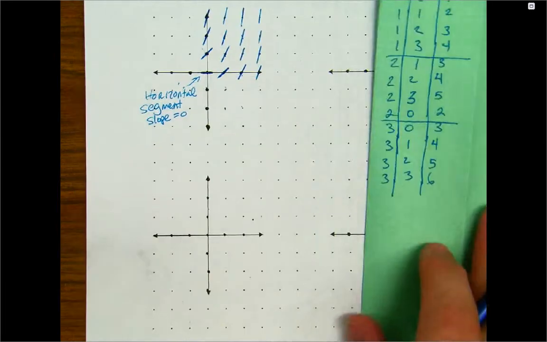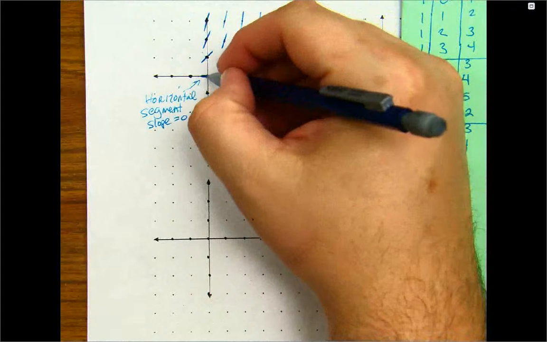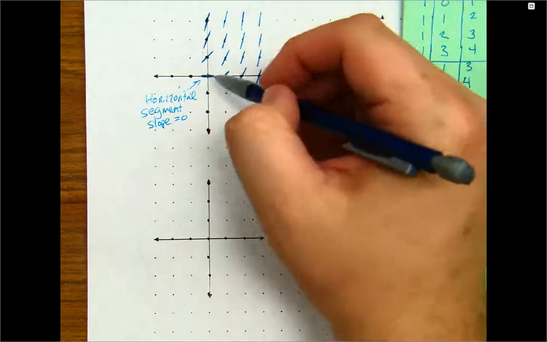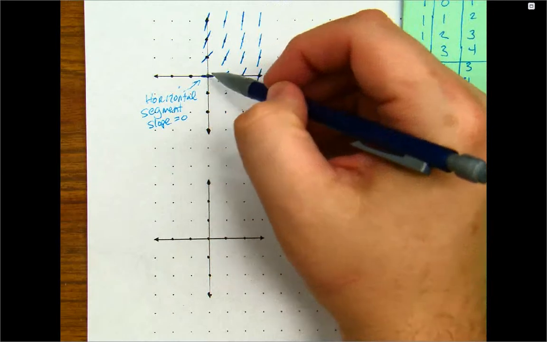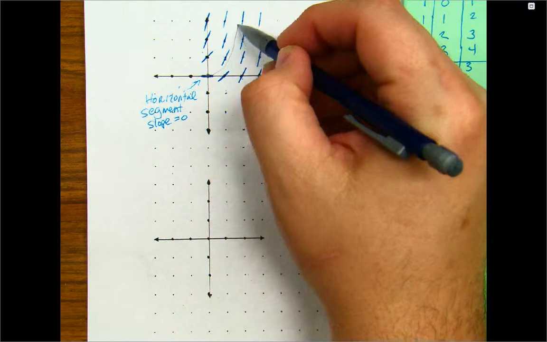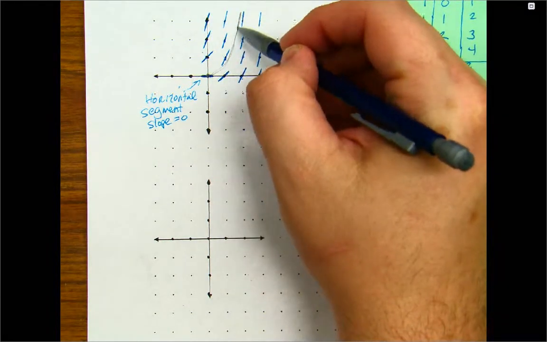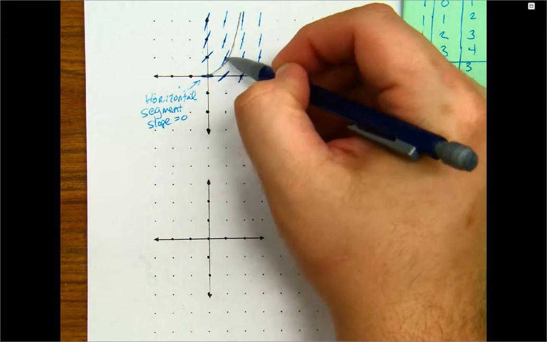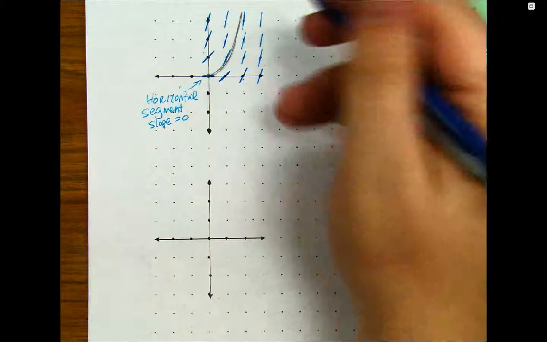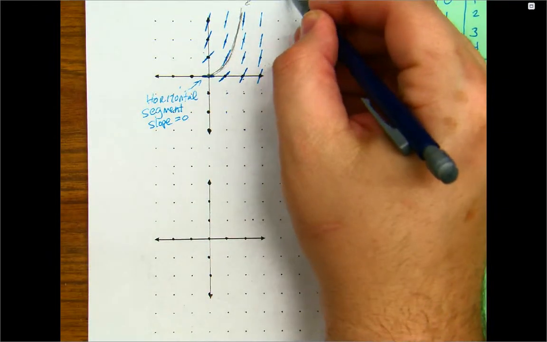If you're starting here and you want the solution that contains the point 0, 0, you would draw a line that would mimic what the slopes are going to be. And so this would be a general solution. Or actually, that's a particular one.